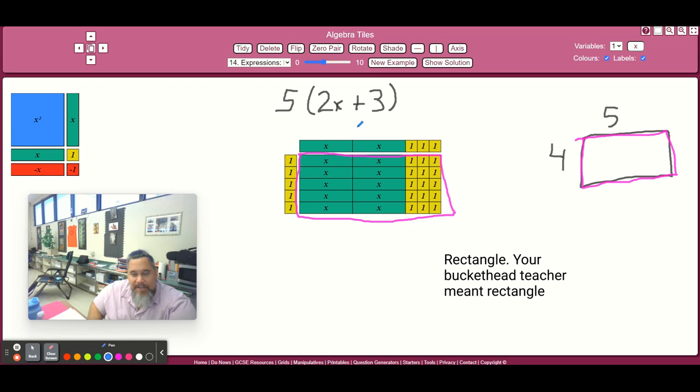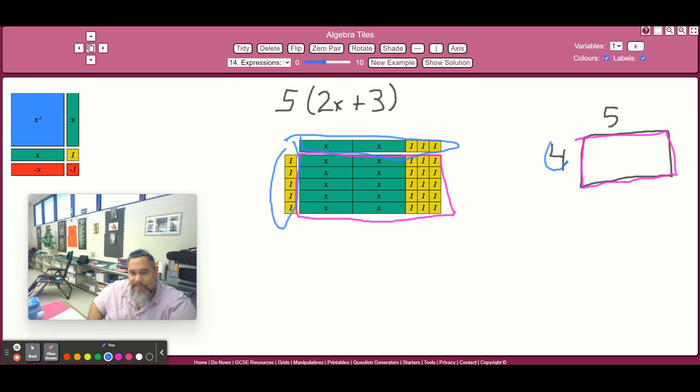Whereas this and this are the headings, just like 4 and 5 are the headings right there. Instead of writing the number, I'm using the models to show what would be in that heading, and then using that to get what I want in here. So the answer is 1, 2, 3, 4, 5 times 2 is 10x plus 15.